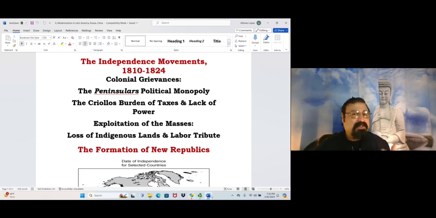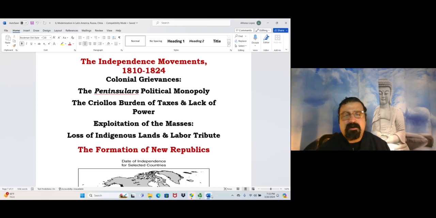Now, of course, the masses, those that do not have economic power, particularly the so-called mixed races or the indigenous populations, are also suffering from Spanish policies, in that they're losing lands. They are being displaced from their land holdings in order to turn those lands into commercial mercantile haciendas, what we call plantations.